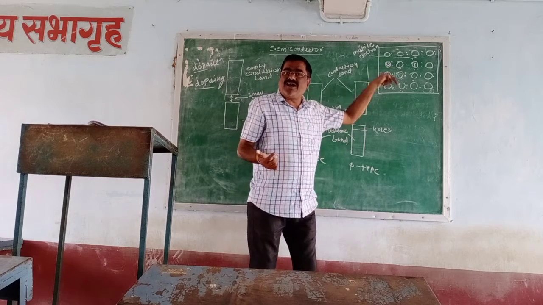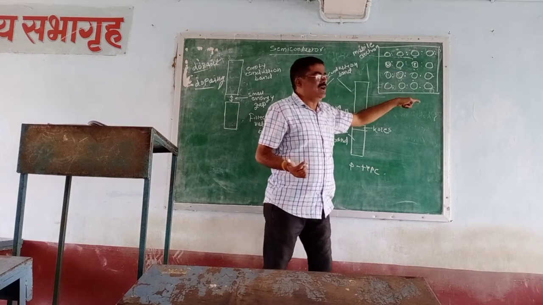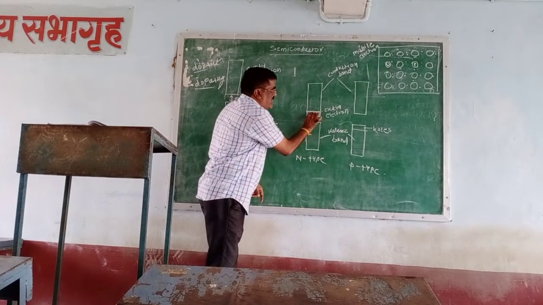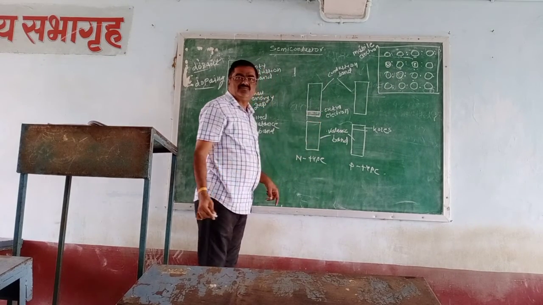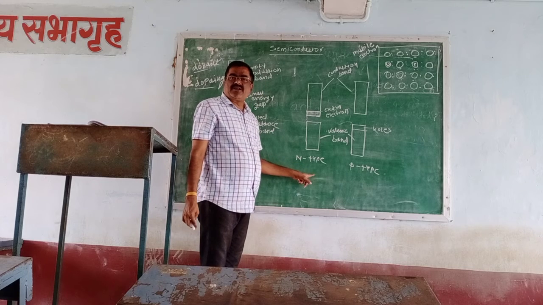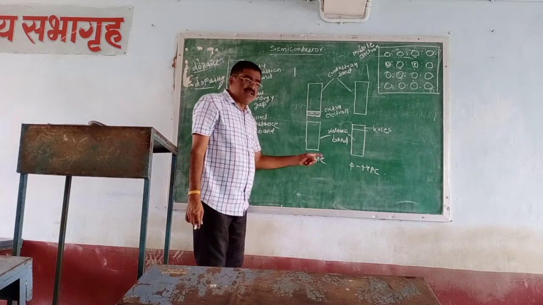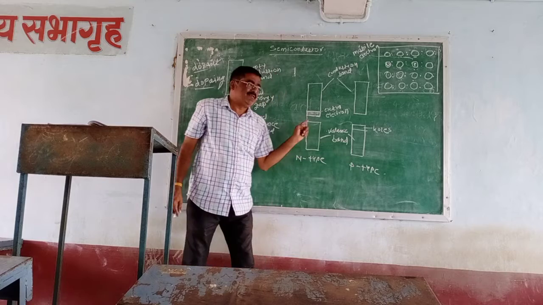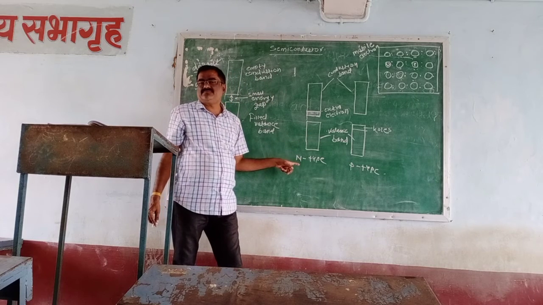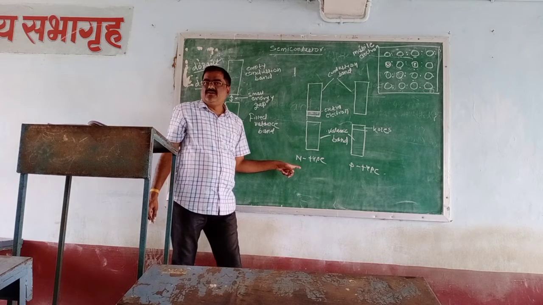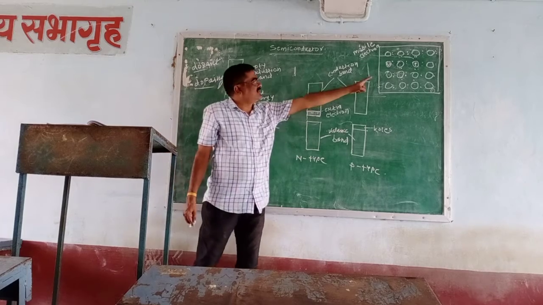It has one extra electron. म्हणजे या ठिकाणी हा एक्स्ट्रा इलेक्ट्रॉन राहतो इन द N-type semiconductor. म्हणजे it will become the extrinsic N-type semiconductor by doping the phosphorus.